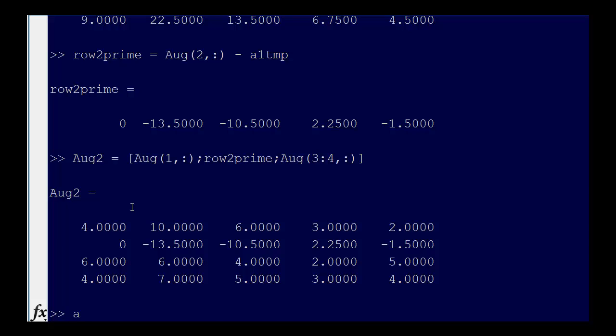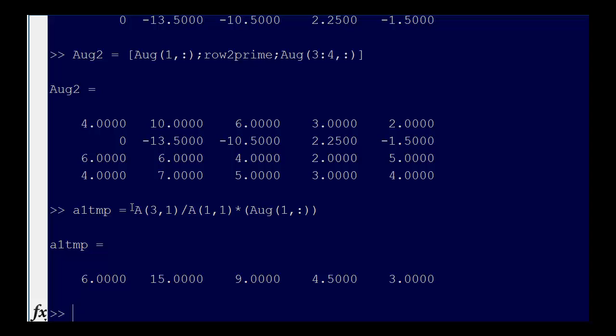We got A1 temp. Okay, so we used row 2, and now we use that third entry, again divided by the first one. It hasn't changed, and it shouldn't change, so that should work.